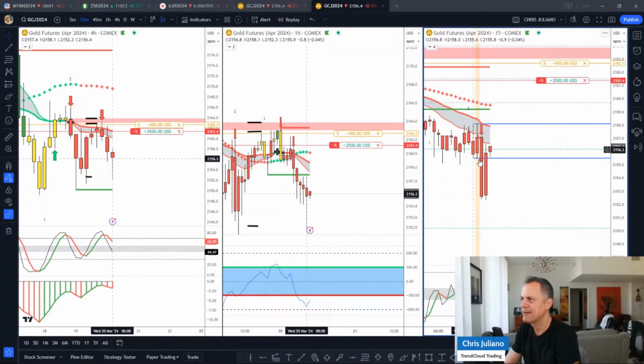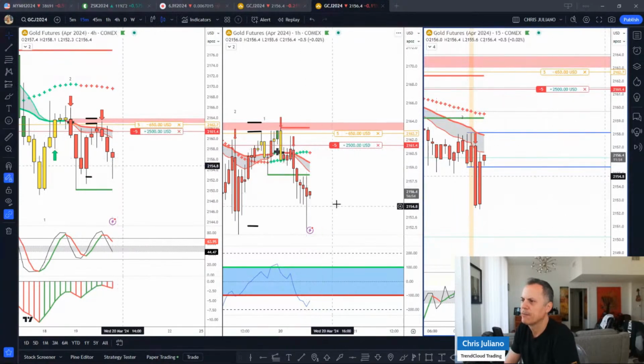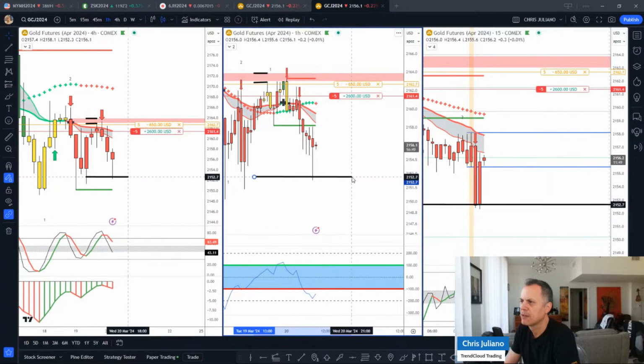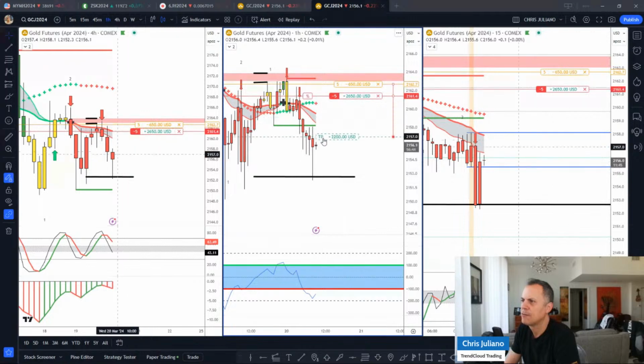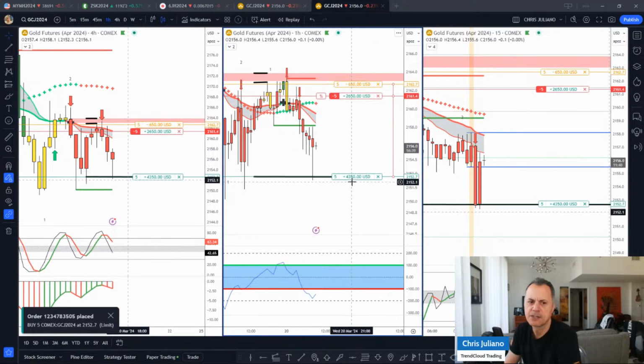Now I left this alone so that I could show you guys what it looks like, and we could go over the process together with all the contracts. If I was going to do all in, all out, this was my previous target, and all 5 contracts was $4,300.